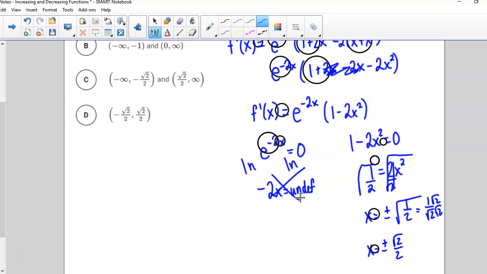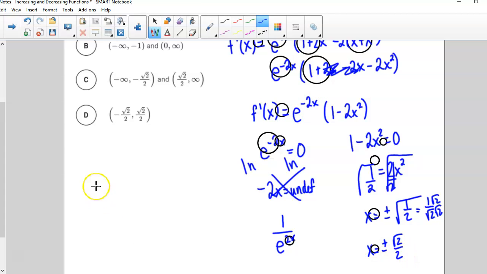E to any power is always positive, because what you've really got here is 1 over e to the 2x. And e to any power is always positive. So even if you have a negative number here, you're still not going to get a negative answer. E to anything is never going to give you a 0. It's always going to be positive.